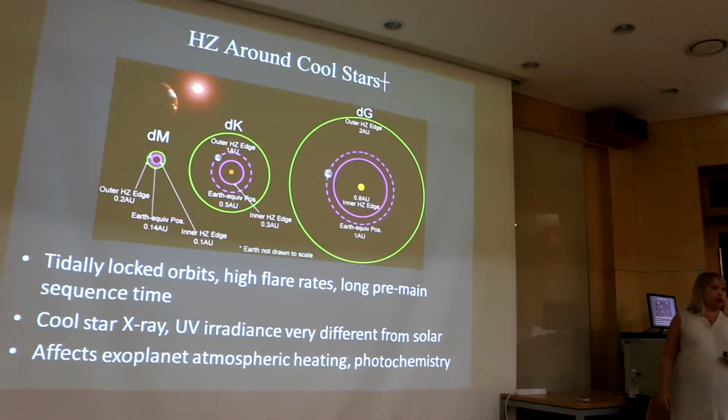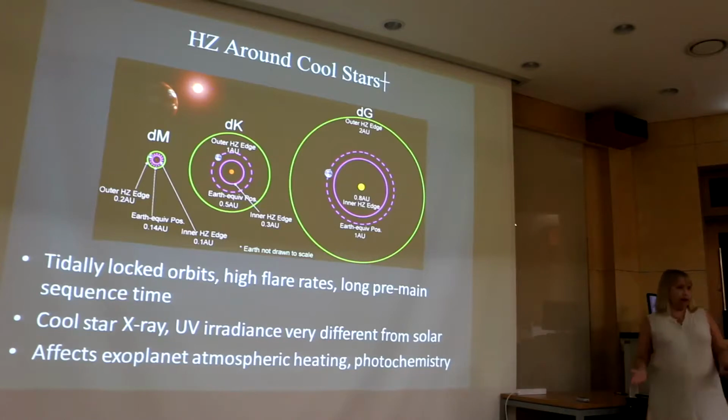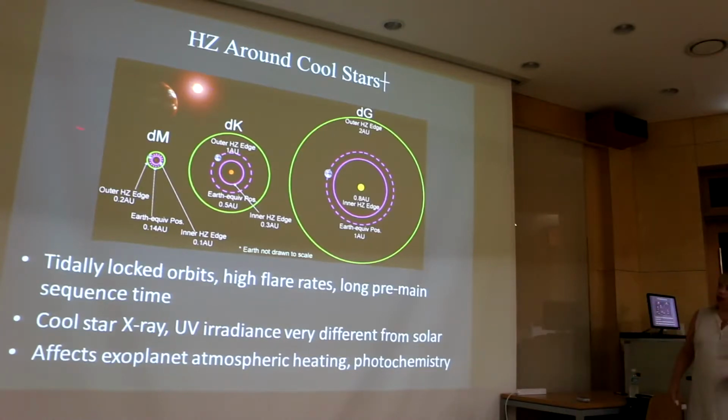Here again is a drawing of the habitable zone. So here's the sun. This is the habitable zone where you can have liquid water. Here's the Earth, near the inner edge of our habitable zone. As the star gets cooler and less luminous, that habitable zone moves closer and closer to the star in order to get enough flux to have liquid water.